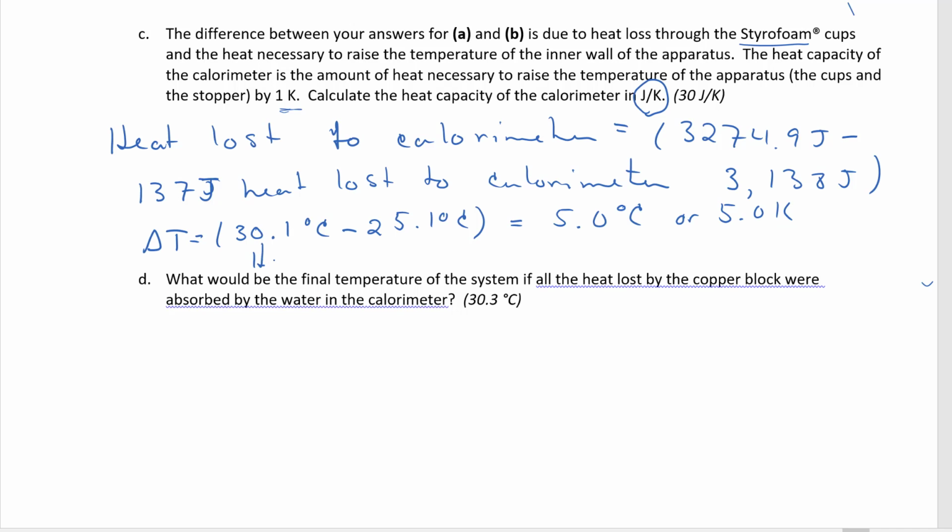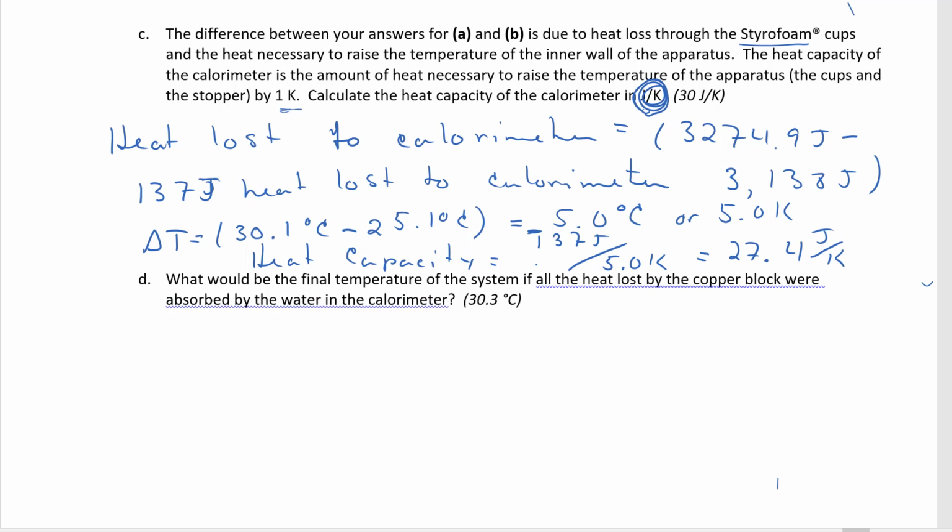So heat capacity, if we look at the units for this, the heat capacity, we just want joules over K. So now we have it. The heat that was gained, 137 joules, divided by the change in temperature, which is 5 K, gives us an answer of, let's see, 27.4 joules per K. Now, the significant digits here are a little tricky, and we should end up really with one significant digit, and that's really because for the heat, that 137, the one's the only significant digit there.